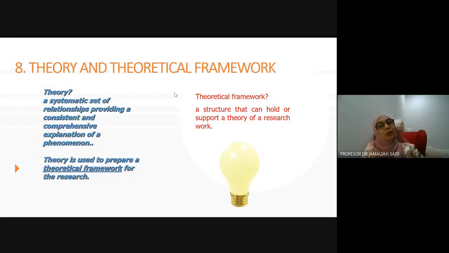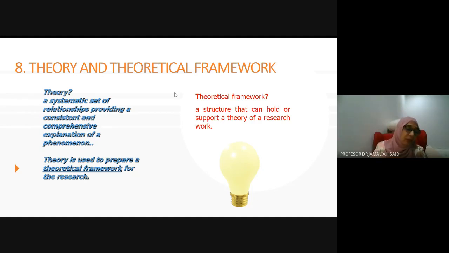Last, theory and theoretical framework. Yeah, the next step is theory and theoretical framework. I always receive a question from students: is it important to have theory in the research proposal? My answer: yes and no. To me, having theory enables you to answer the examiner's questions easily.